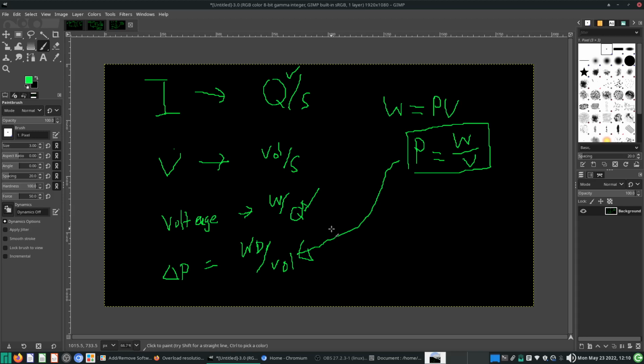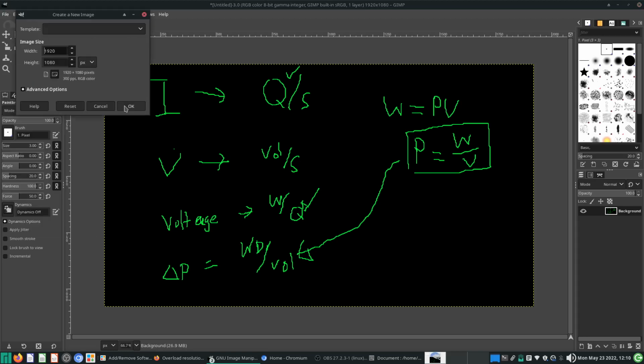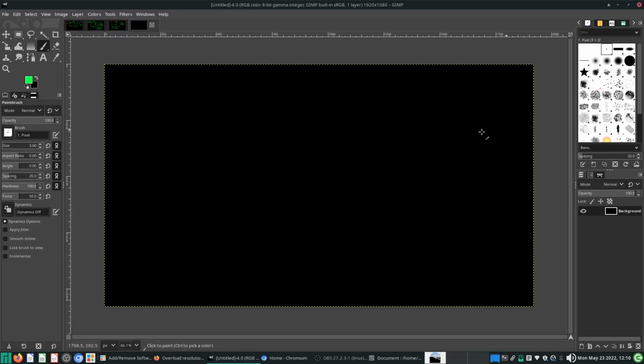Okay, so this is why electrical circuits are sort of a good analogy for fluid flow. And if you want to use an electrical circuit solver, you can potentially adapt it to solve fluid flow.